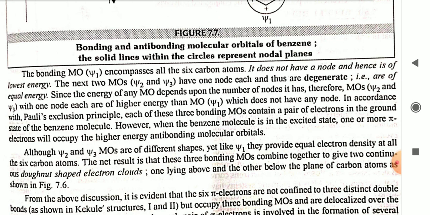Although psi2 and psi3 MOs are of two different shapes, yet like psi1 they provide equal electron density at all the six carbon atoms. The net result is that these three bonding MOs combine together to give two continuous donut-shaped electron clouds, one lying above and the other below the plane of the carbon atoms, as shown in figure 7.6.